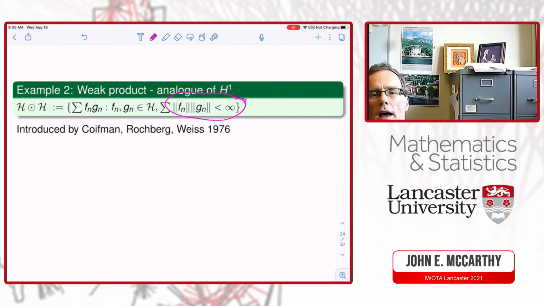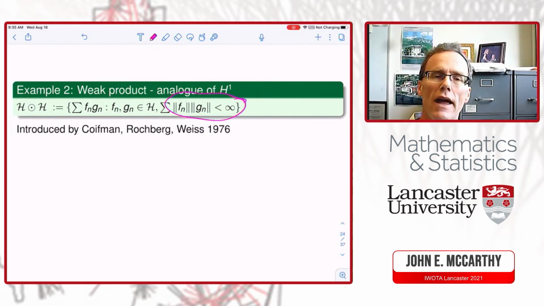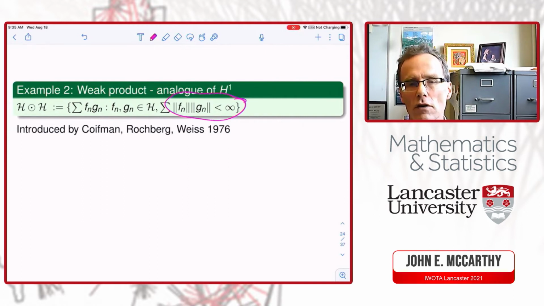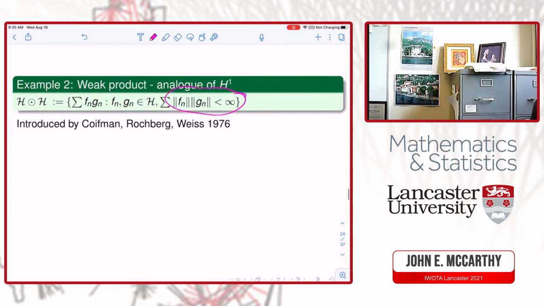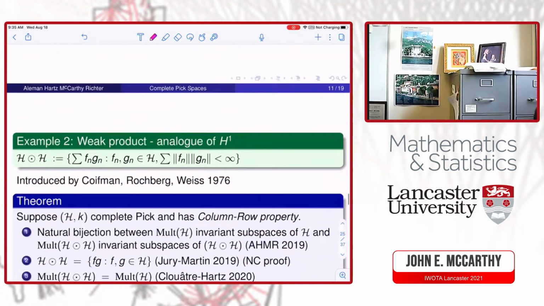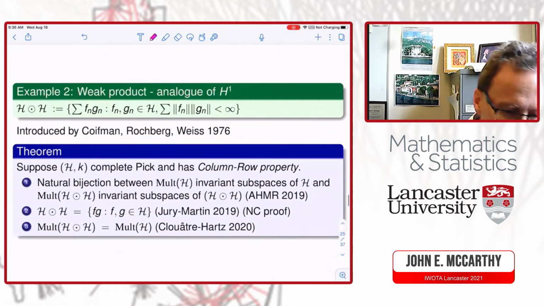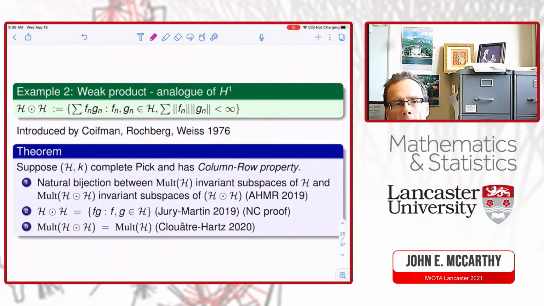So this was introduced by Coifman, Rochberg, and Weiss in 1976, and it's a way of studying H1, the classical Hardy space on balls and polydisks. You can do this in any reproducing kernel space, but in complete Pick spaces, this weak product is particularly nice.